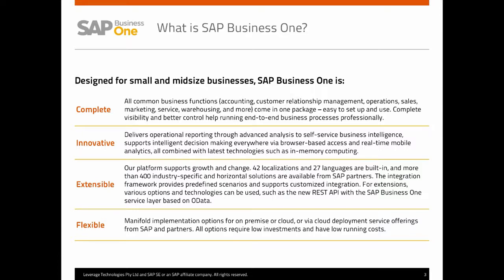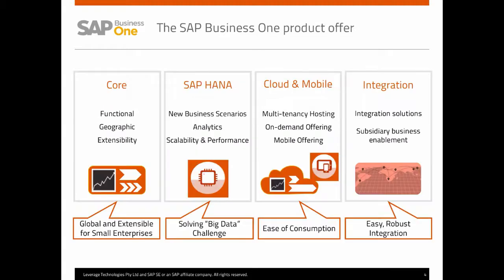So the idea behind this is giving you a number of different options that require low investment and give you a solution that has a lower running cost or a low total cost of ownership.